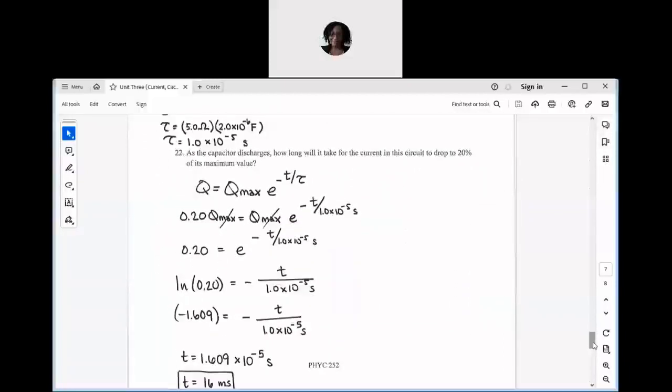For 22, let's assume that our capacitor is completely charged. Now we're going to let it discharge, and we want to figure out how long it takes for the current to reach 20% of its maximum. So the current, let's see, this should probably say charge. Sorry. We could derive an expression that would answer the same question for current, but it would be I based on I max instead of Q based on Q max.